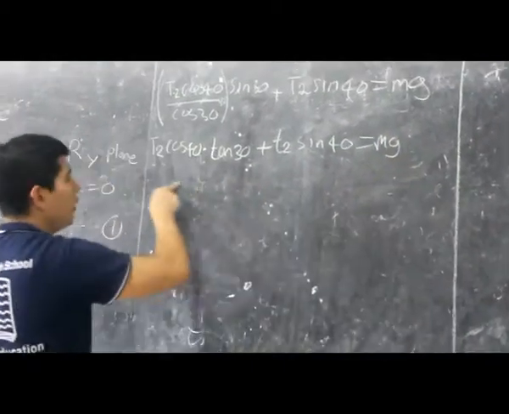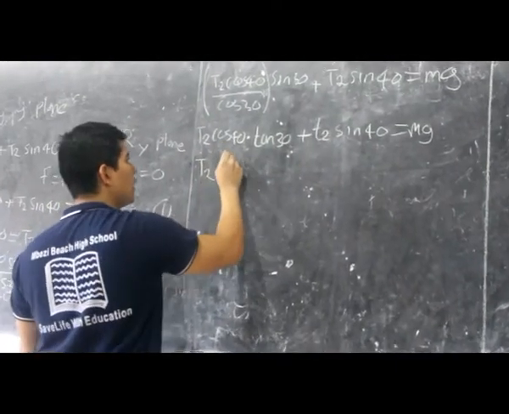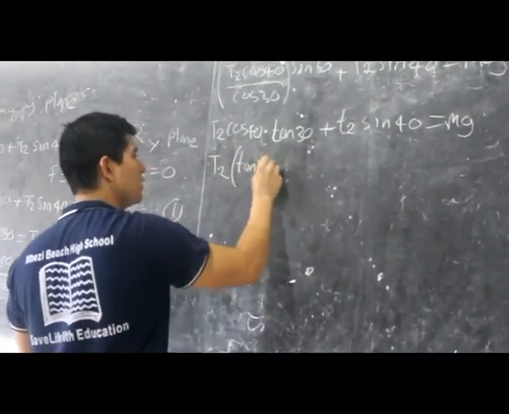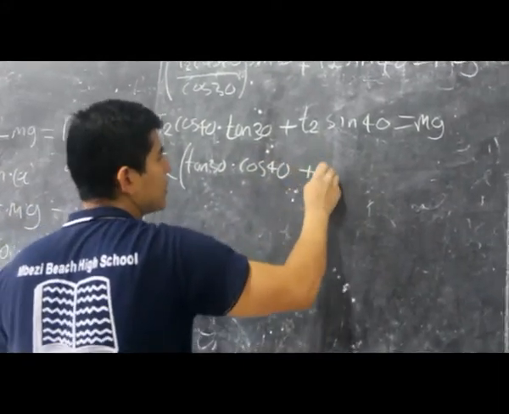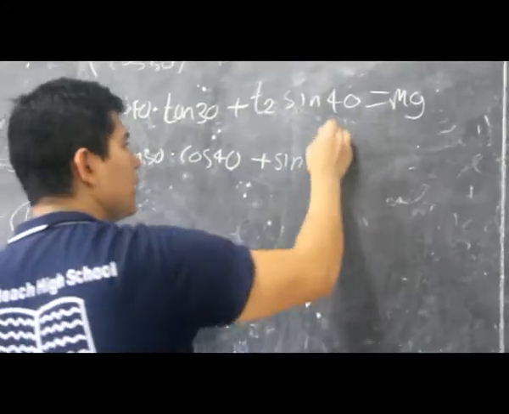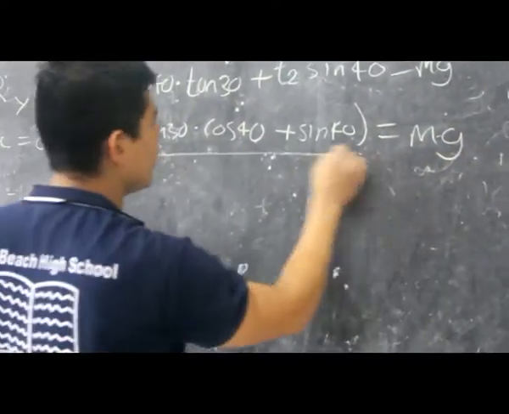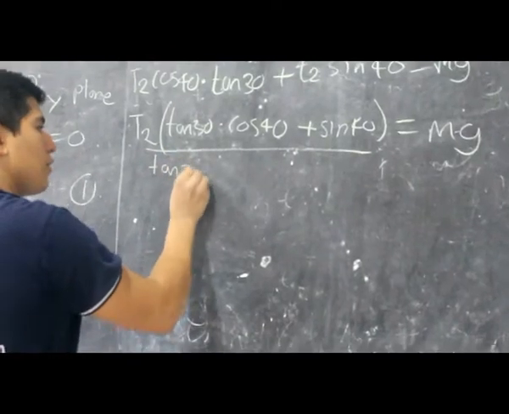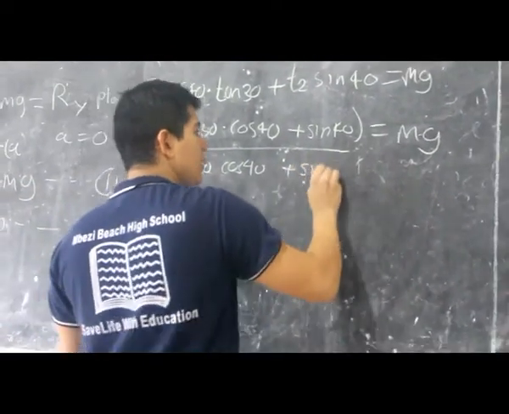From here, now I can factorize T2 outside. I say T2 times tan of 30 cos of 40 plus sine of 40 is equal to mg.